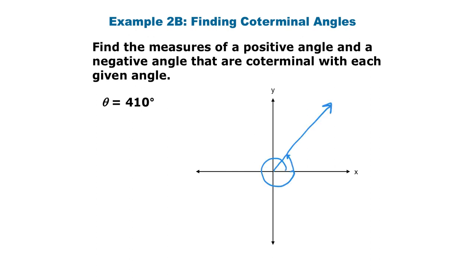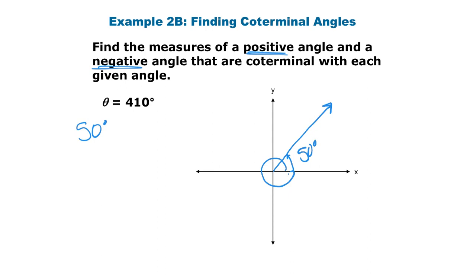Again, there's lots of options when you're finding coterminal angles, but in this one, I need just one positive and one negative. Well, one positive, I could see that this is the same as a 50 degree angle, and that's because I went 360 all the way around and then 50 more degrees.